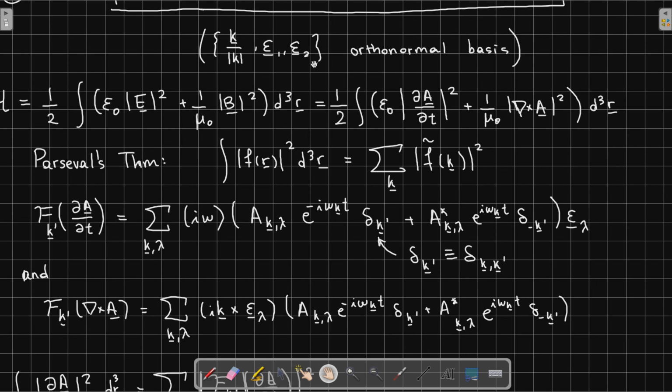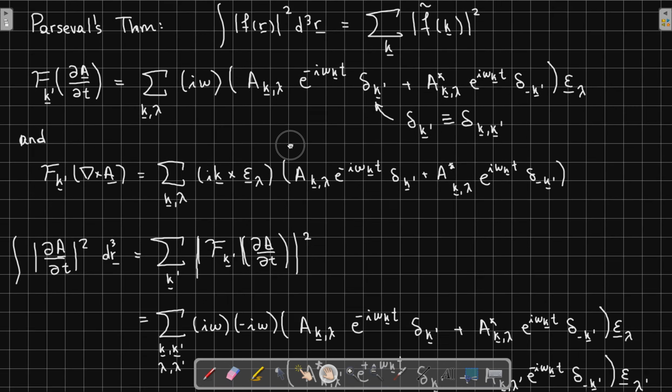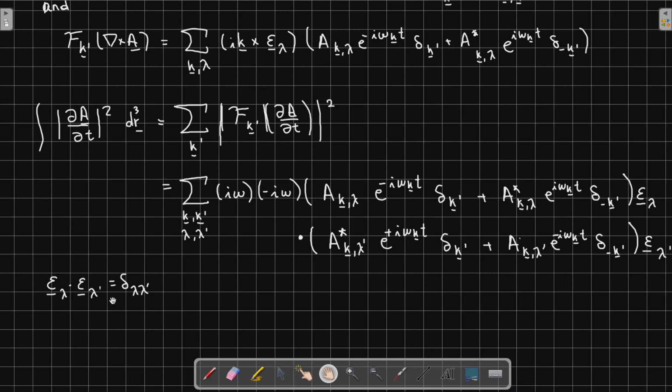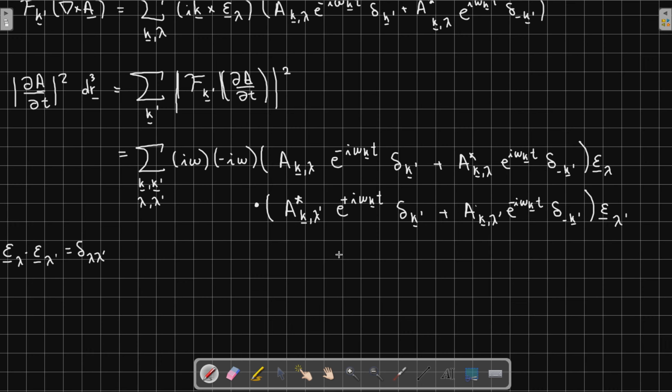We're considering transverse waves, so these form an orthonormal basis, and orthonormal bases satisfy this rule right there. So in other words, this will reduce to a sum where the λ and the λ′ variables are equal to each other. So the sum over k prime, λ of omega squared.